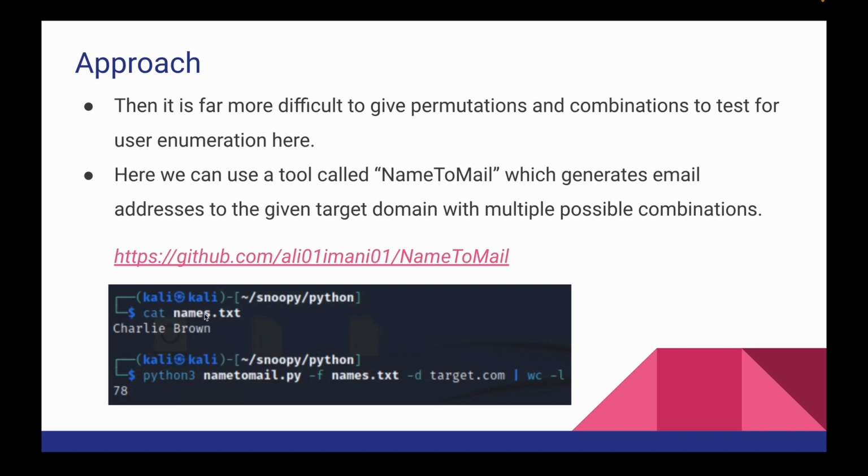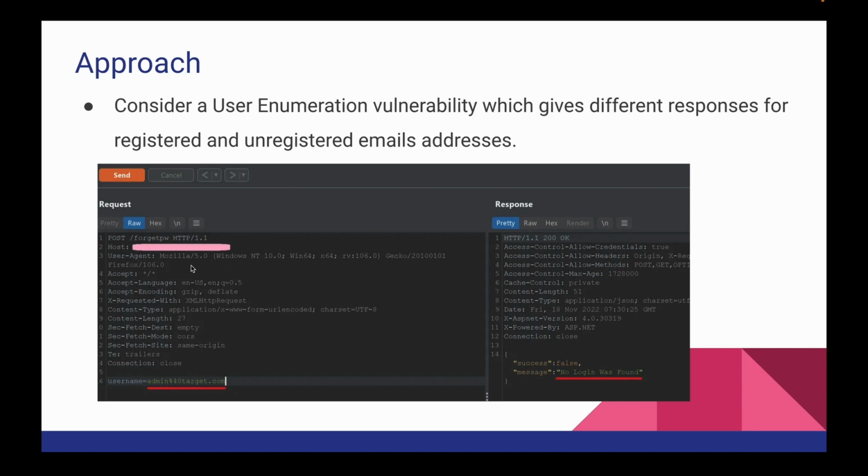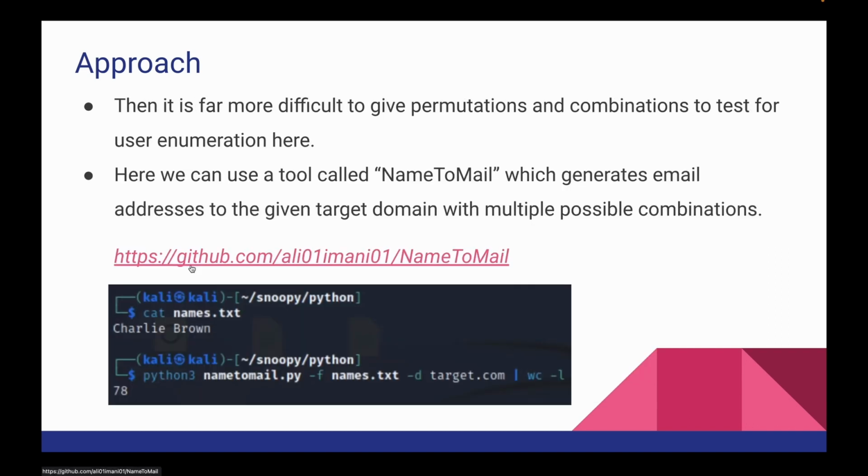What he did was install this tool, and in that folder he gave a name in a file. Let's say this particular target has a name called Charlie Brown. He put that name in the names.txt file and provided that file to the NametoMail tool, along with the target domain target.com.